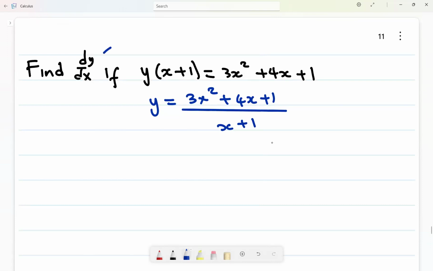Then now I can differentiate y with respect to x. But now, can I do that now? No. Why? Because I still have this at the denominator. X is at the denominator. Now, what do I say? y is equal to, I simplify this.